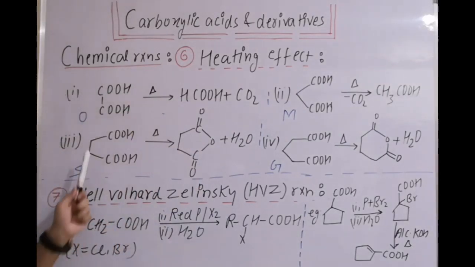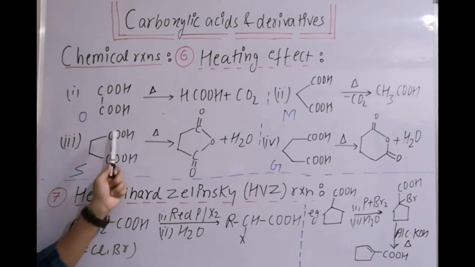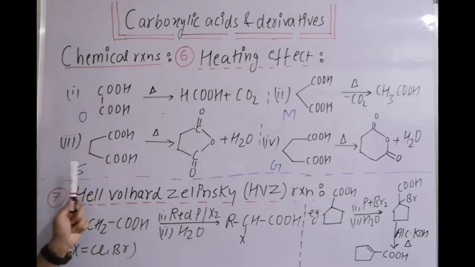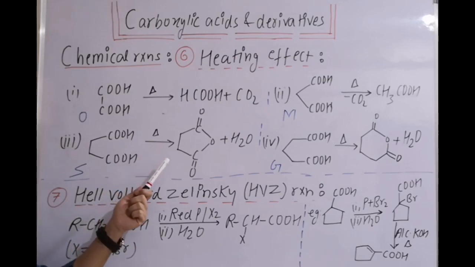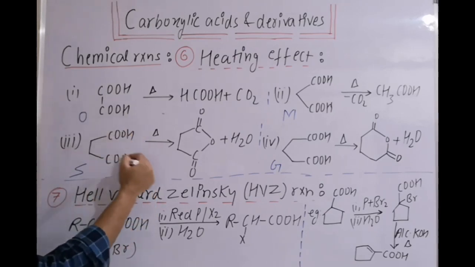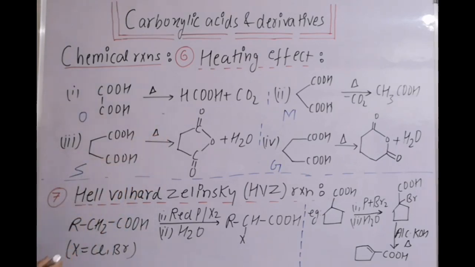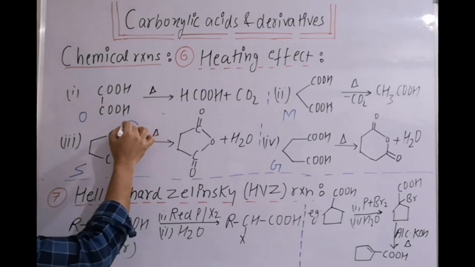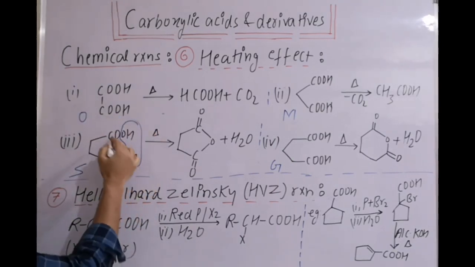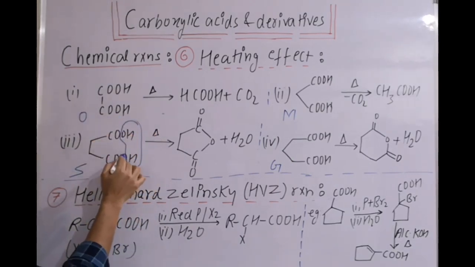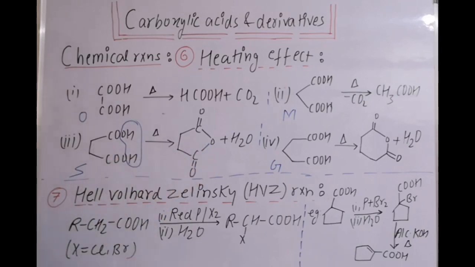Third one, there are two CH2 groups between the dicarboxylic groups. This is succinic acid. When there are 2 or 3 CH2 groups, then H2O is evolved and it gives a stable cyclic product. When H2O is evolved, it gives C double bond O, C double bond O with one oxygen in between, that is, anhydride is formed.